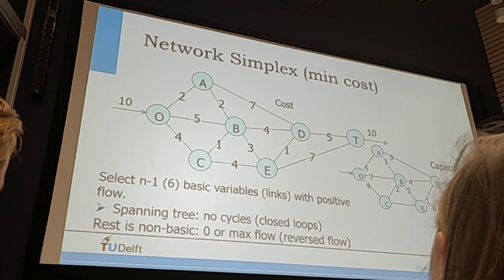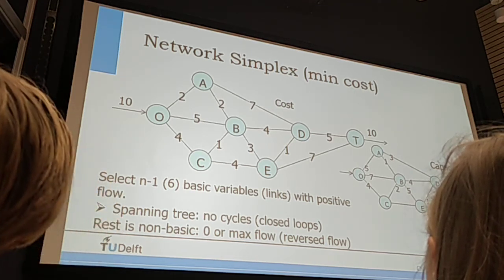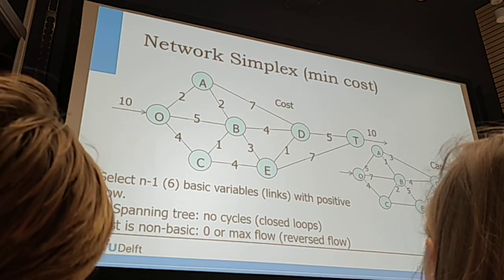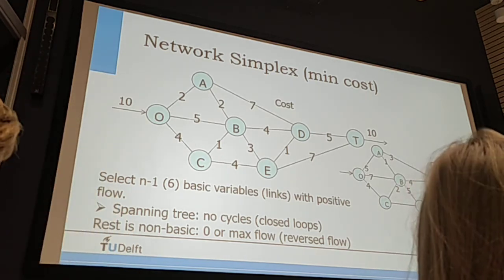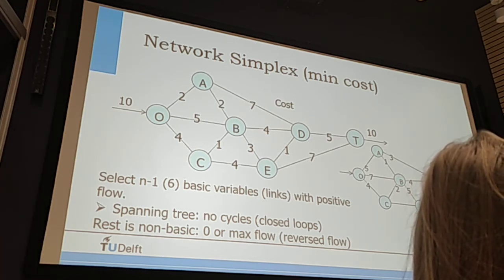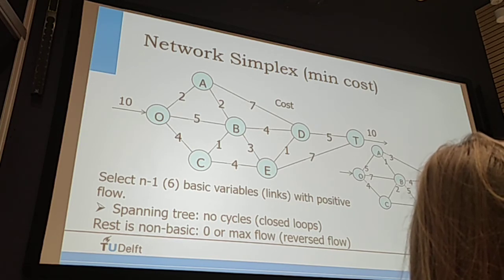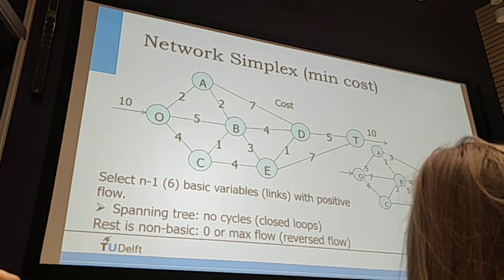We're again talking about the spanning tree. So we need to create a spanning tree, and we're not allowed to create any cycles, so there should be no closed loops. The rest of the flows are non-basic, which either means that they're 0, so there's no flow at all, but it can also mean that they're at their maximum flow, and we reverse them. Then we have the maximum flow, and we reverse it. In that case, it won't be basic, but it will be non-basic.